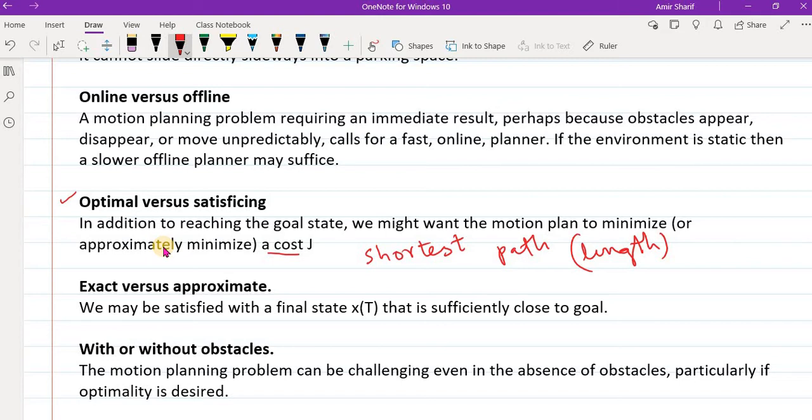For example, you have to minimize the energy consumption, or the fuel consumption. So this is a category of optimal motion planning.